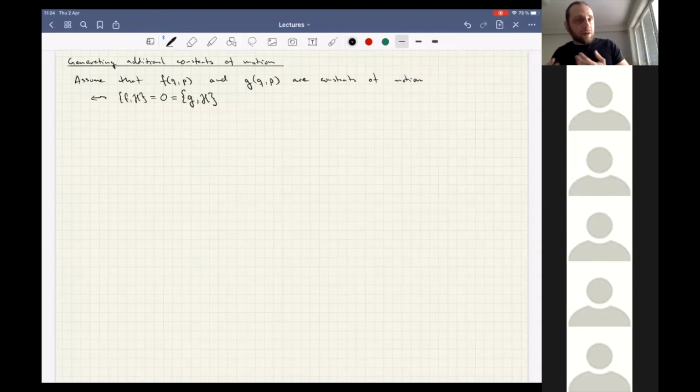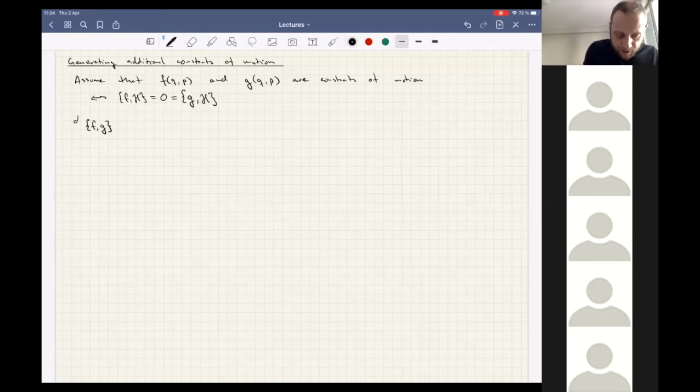So both f and g Poisson commute with the Hamiltonian. Now, if we look at the Poisson commutator of f and g, we're going to see that this is also a constant of motion. And if it's independent of f and g, if we can't write it in terms of f and g, then it's a new constant of motion.